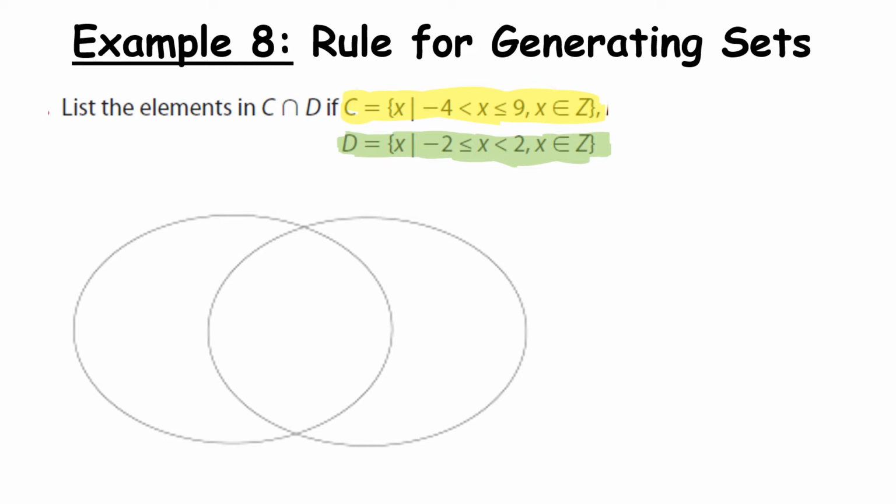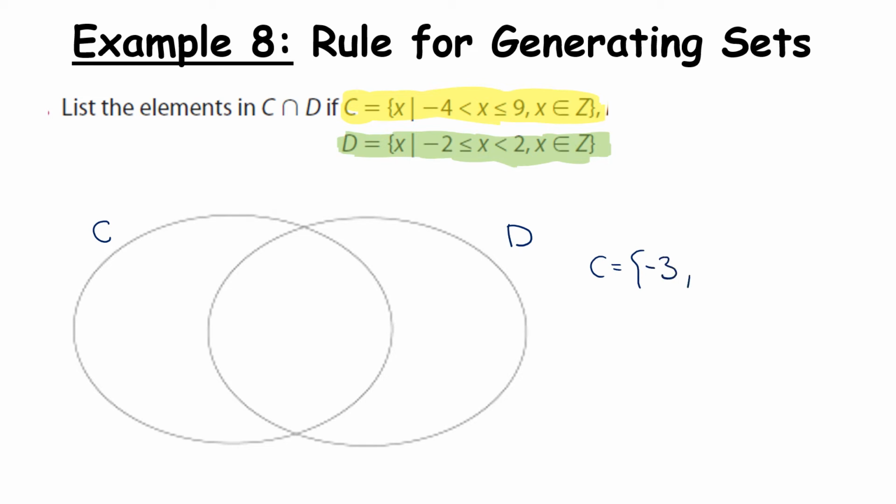Now, you don't have to use a Venn diagram, but I think it's nice for us to visually see what this means. So we have C here and D here. I haven't bothered with a universal set. So the first thing I'm going to do is figure out what's actually in the set C and in set D. So C, -4 is not included.